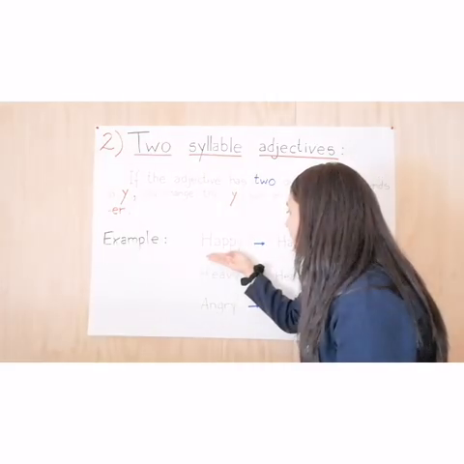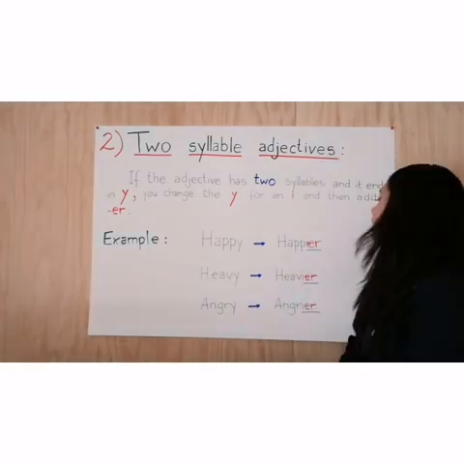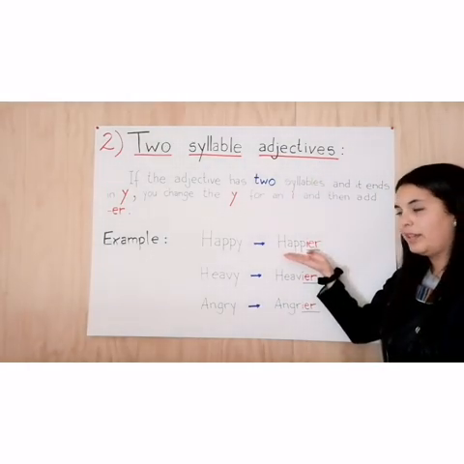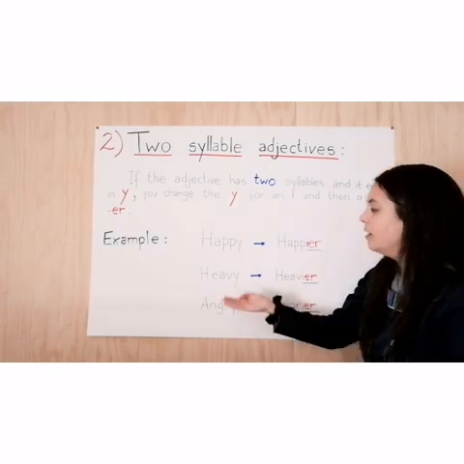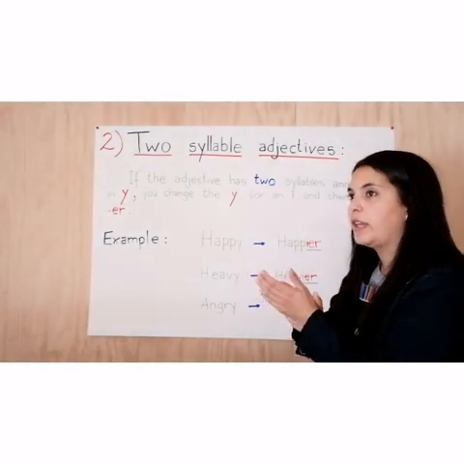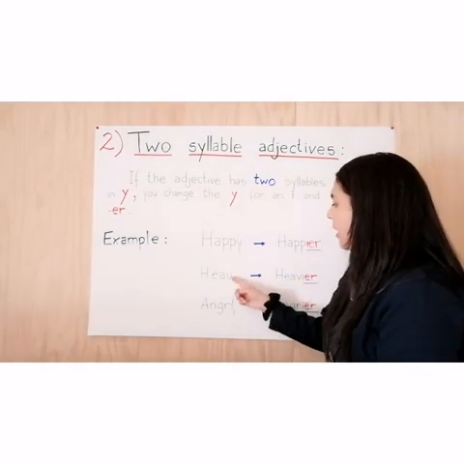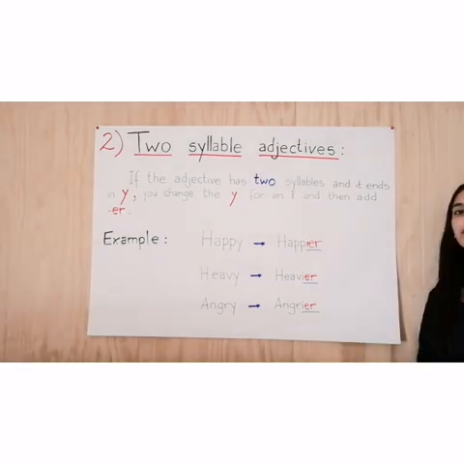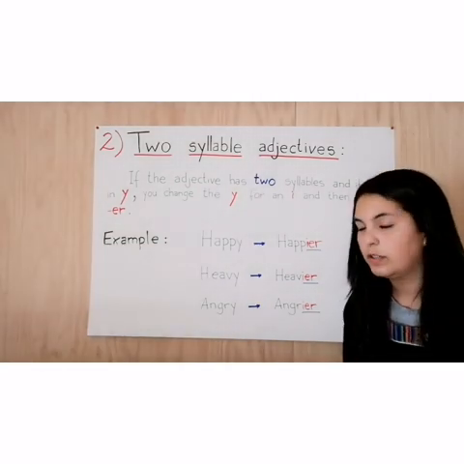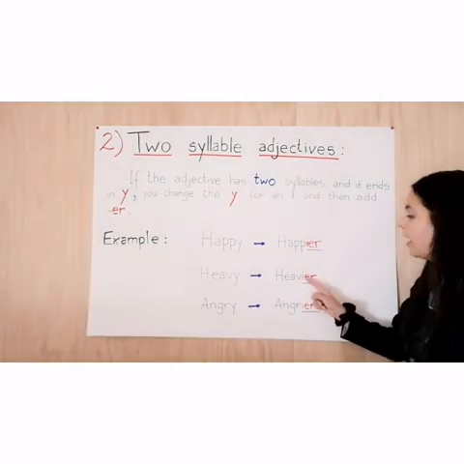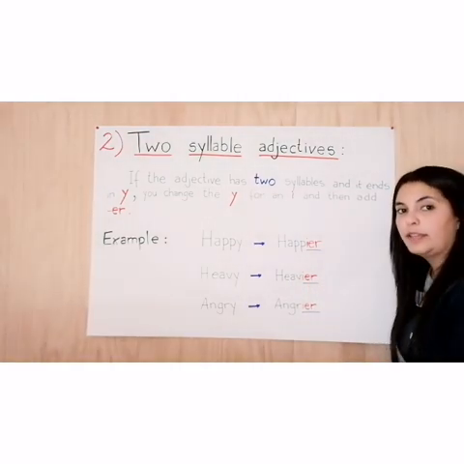So the positive adjective is happy and the comparative form is happier. Second example, heavy. Two syllables and it ends in Y. So the comparative form is heavier. We changed the Y for an I and then we add er.